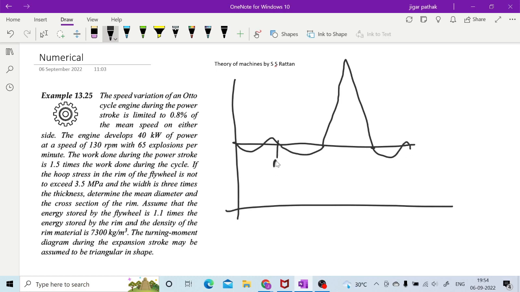So here you are having pi, here 2 pi, here 3 pi, and at the end it is 4 pi. So this is crank angle theta, this is torque, right, and this is T mean. Here you are having this maximum, right? So if you give this nomenclature, then you can write E P, right?